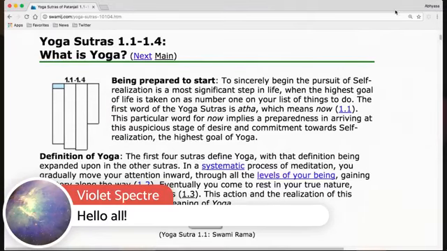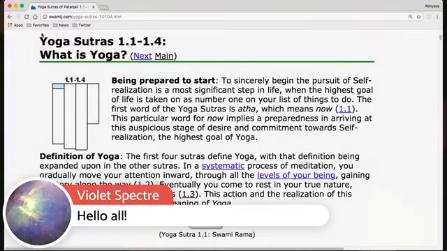I'm going to move this to the other side here. There, I'm going to do this so I can come over here from time to time and read the comments. Okay? Yes.